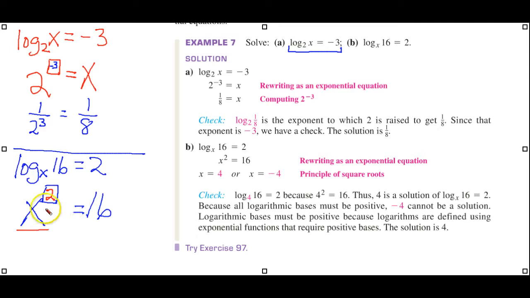So what do we have here? Well, to solve this, we can take the square root of this side plus or minus the square root of that side, remembering the principle of square roots from an earlier lesson, and we get x equals plus or minus 4. And that checks.